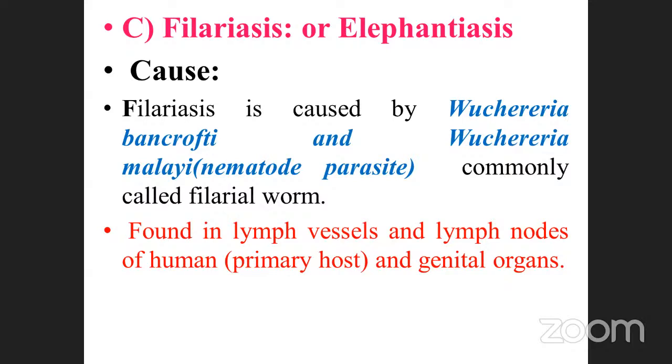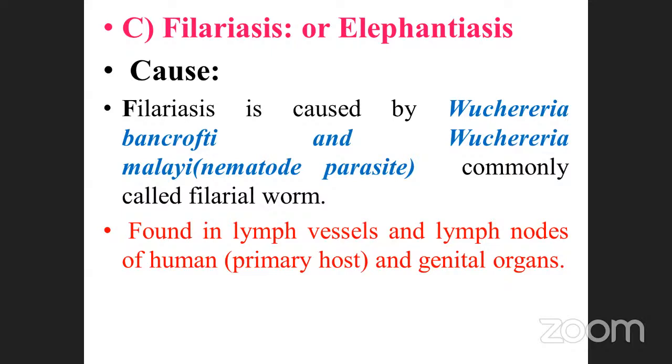Humans are the primary host. Sometimes they may ask the question: Wuchereria bancrofti is found in the lymph vessels of which one? Primary host, human beings, Homo sapiens. Instead of human, they may give Homo sapiens, the zoological nomenclature name.